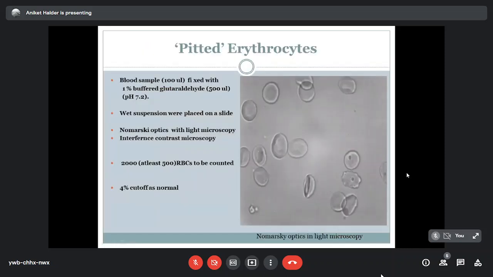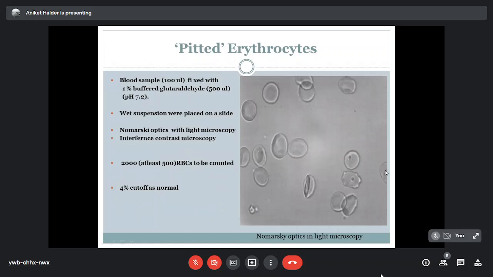So, as pathologists, although routinely not done, the identification of the pitted erythrocytes should be known to us. So, what is done here? A blood sample is fixed with 1% buffered formaldehyde in a 1:5 ratio at a pH of 7.2. The wet suspension is placed on a slide. Interference contrast microscopy or Nomarski optics with light microscopy can be used to identify these pits.